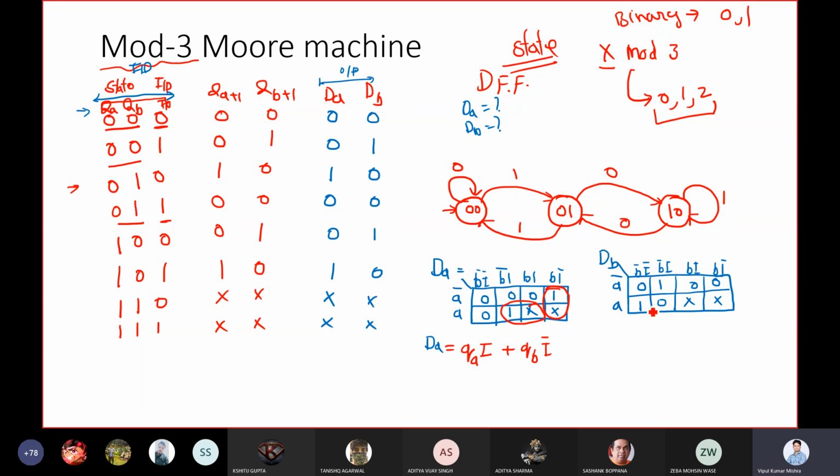You can simply figure out, we can make one pair with this X and this will be the singleton. So DB is equal to, let me take the first pair, QA I bar plus the singleton QA bar, QB bar and I. Anyone, any doubt till this point? Guys, any doubt till this point?